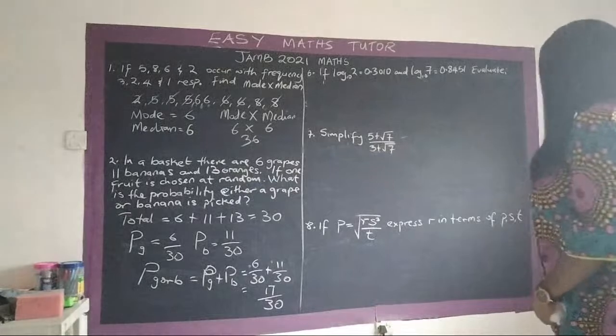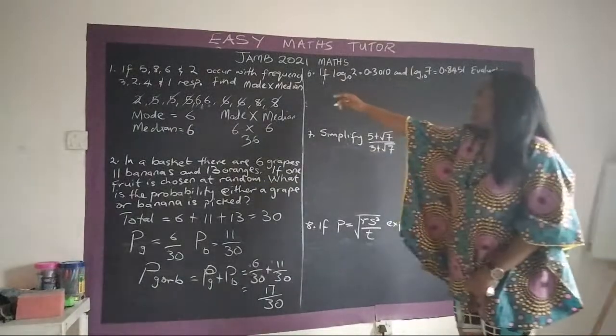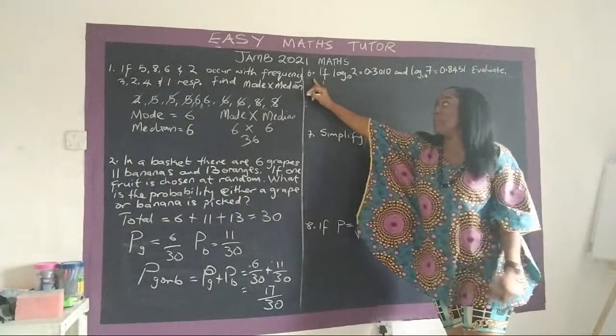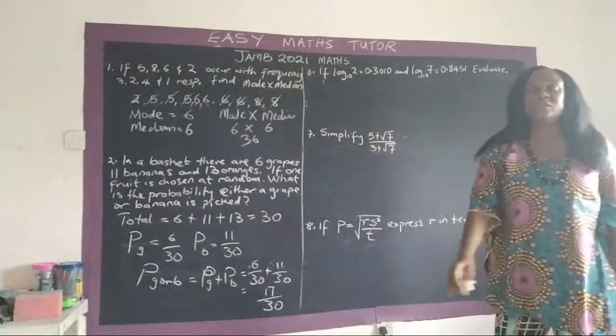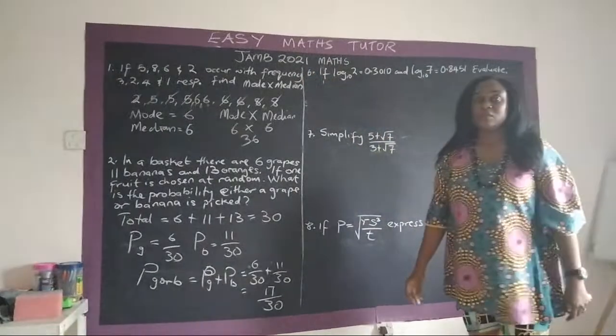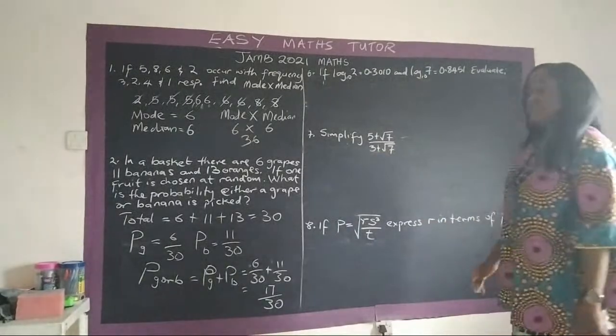So now we get to the third question, which is question number 6 on our JAMB 2021 past questions. Let's read it together. Are you ready?